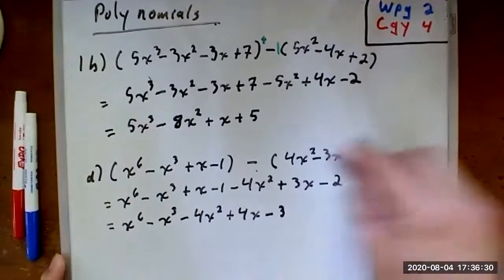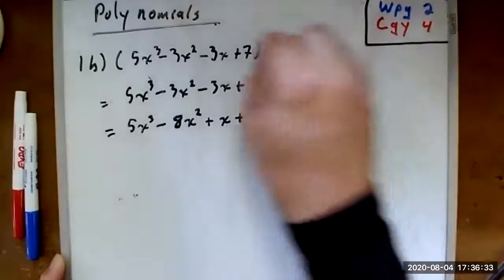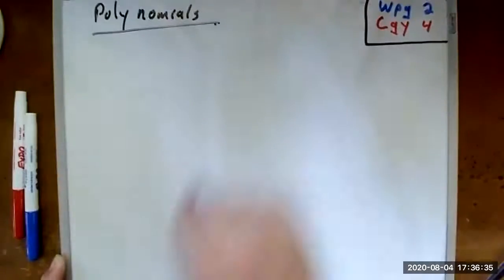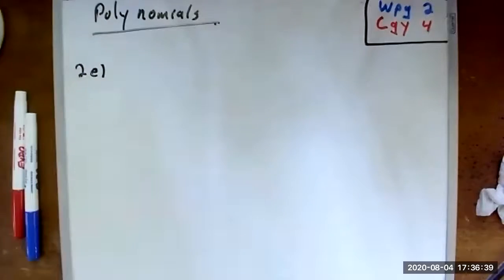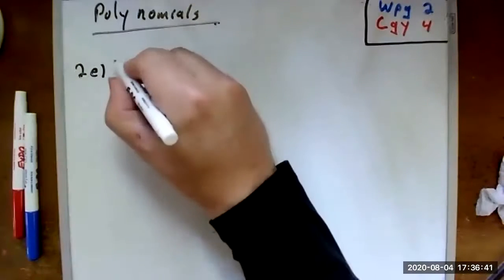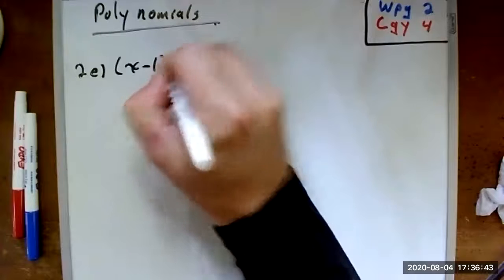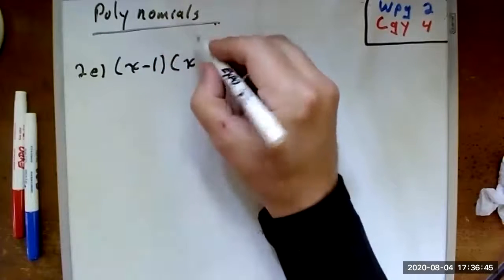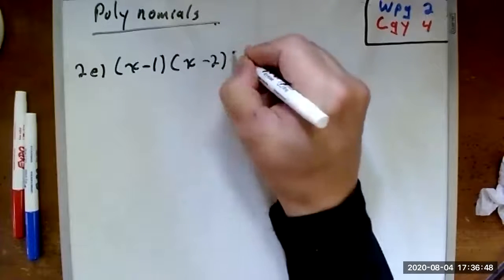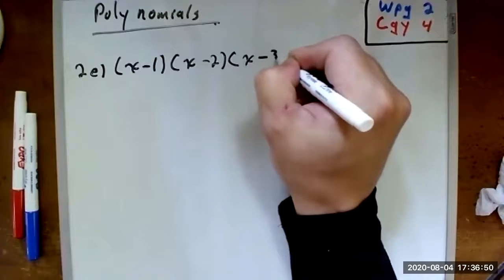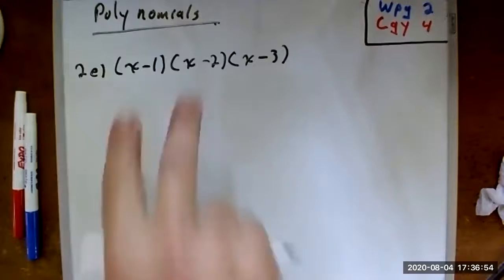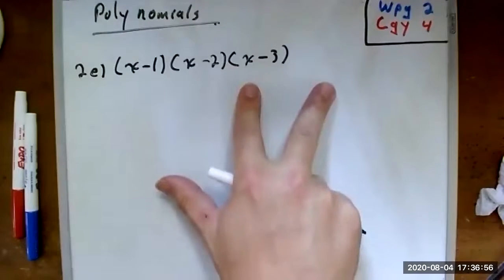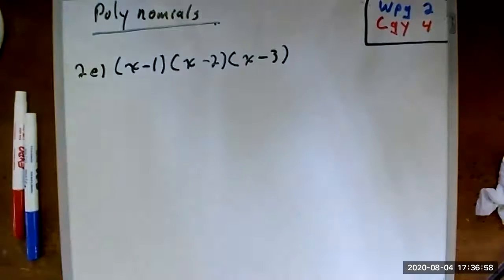Okay, going back to question 2E, had a request for that one. Question 2E says x minus 1 times x minus 2 times x minus 3.